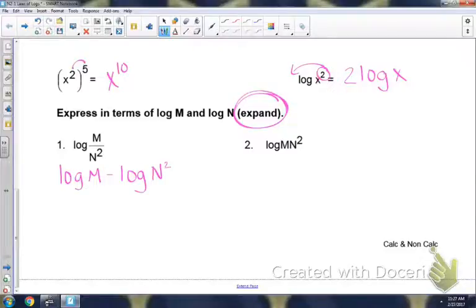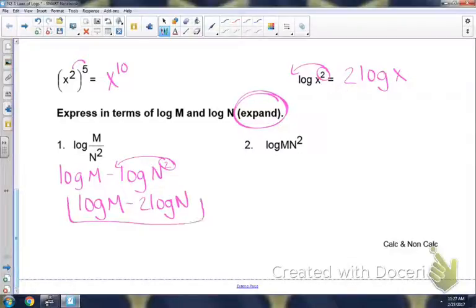When you're expanding, make sure you put that exponent in front. So that would be log of m minus 2 log of n, and that is our answer. This is just another way of writing logs, just like with laws of exponents.